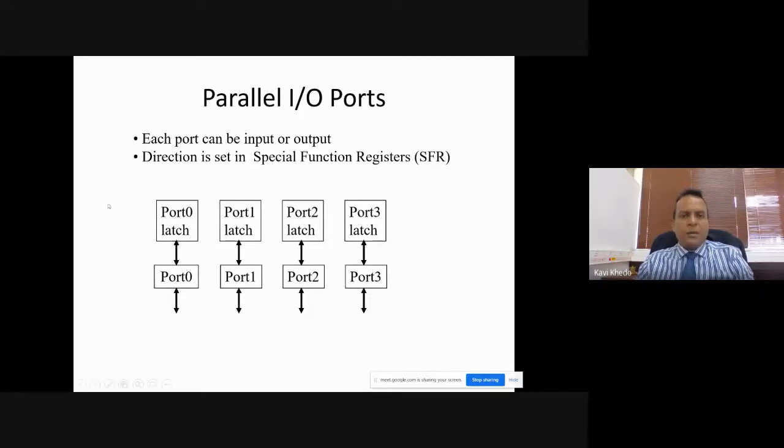So each port can be input or output. When we will be writing our Arduino program, you are going to see that we need to specify this particular port, I don't know, port 11, for example, I'm using it for input, and port 13, for example, I'm using it for output. You will need to specify because they can be used both for input and output.